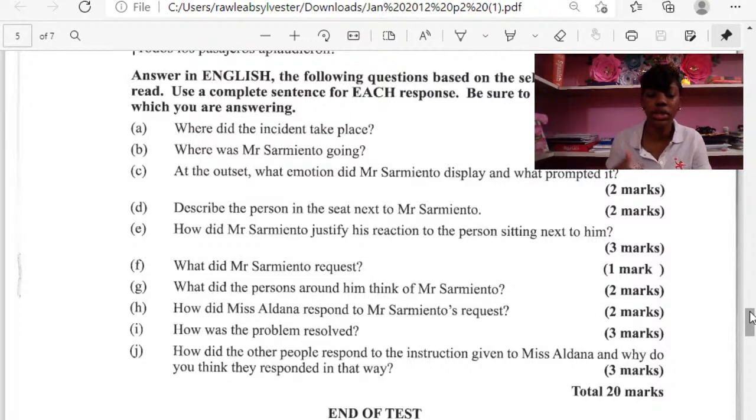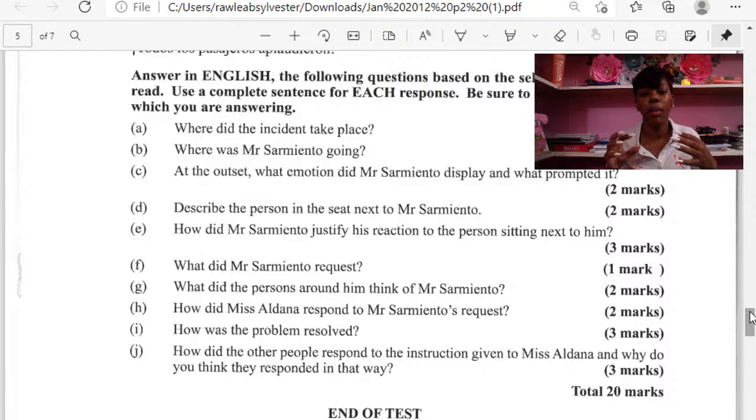For the 2 marks, you're giving more detail, and the 3 marks is where you have to get really in-depth to get those full 3 marks. What I always tell students, again, I cannot stress this enough: you may not know all the vocabulary. CXC doesn't expect you to know all the vocabulary in the Spanish language, but put the idea together in your mind and get through the reading comprehension.